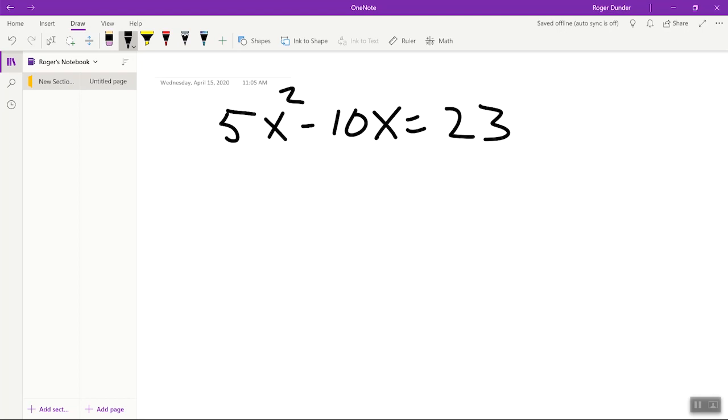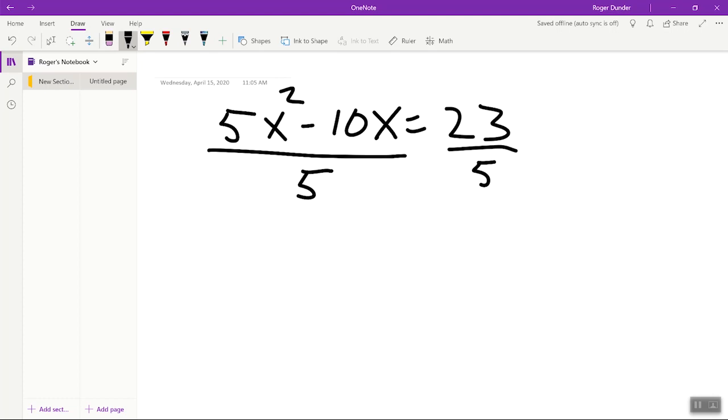So how are you going to make it to be 1? The answer is you divide everything by 5, and then you have the coefficient of x squared being 1. So we take the left side of the equation and divide by 5, and we take the right side of the equation and divide by 5.